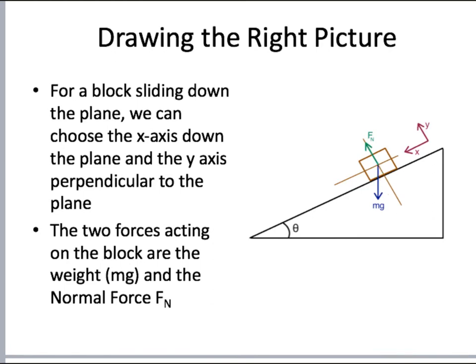But from what we've seen previously, I think it'll be clear to you that it does make an angle that is familiar, because I've drawn it in. Now remember, this mg is going to be pointing straight down, but it's going to be making this angle with our tilted coordinate system. So the normal coordinate system that we might do like that, this line here would line up with mg.